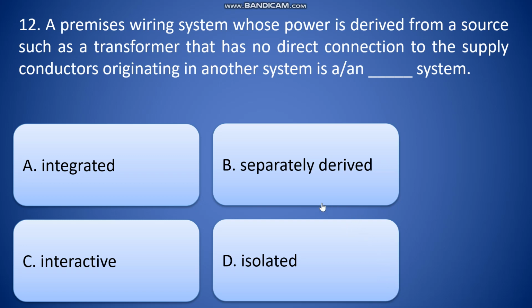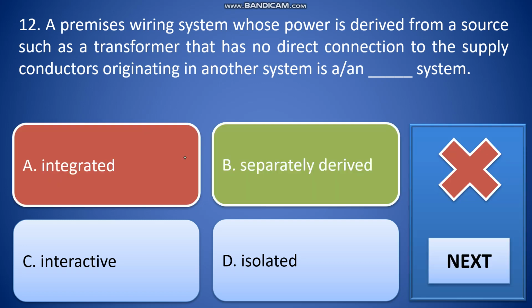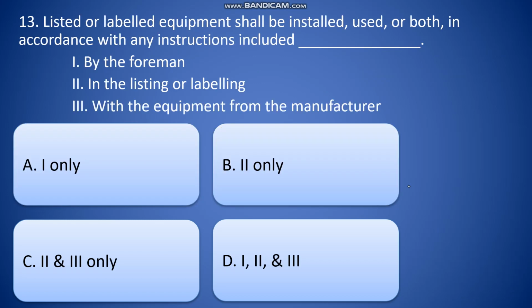It can be integrated or separately derived. I guess the answer is separately derived. So, it should be separately derived, not integrated. Kasi, pag integrated, meaning, what do you mean by integrated? Parang nagmi-mix. Dapat separately derived. Sorry.